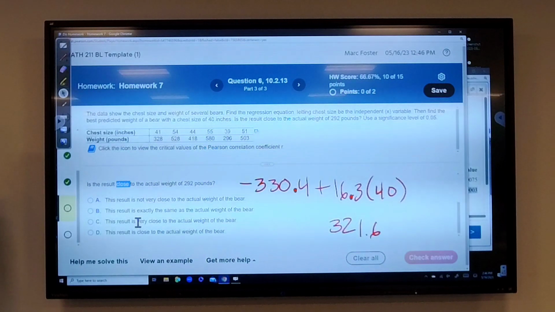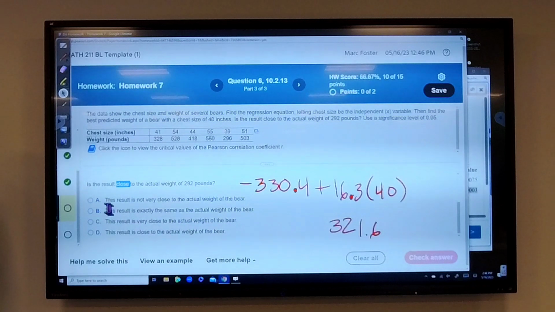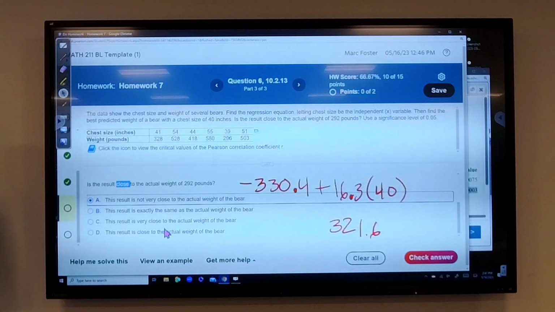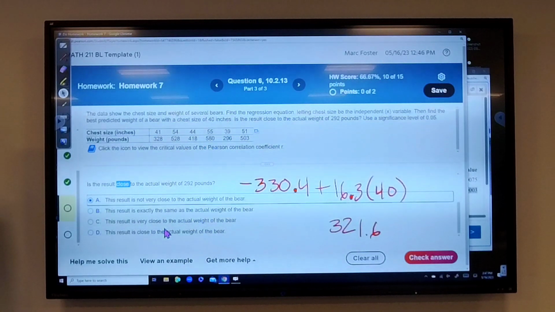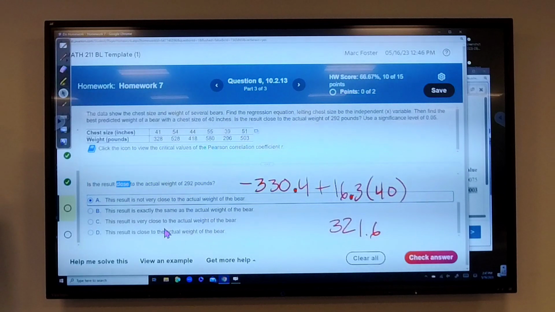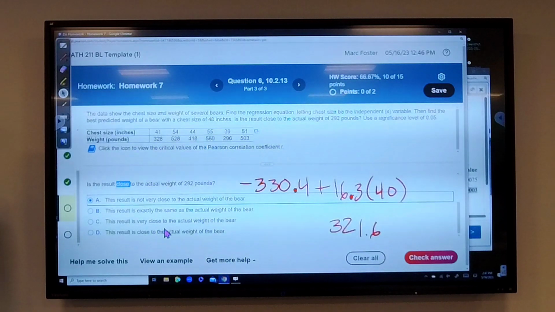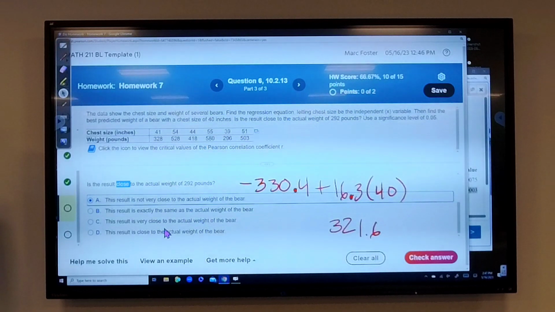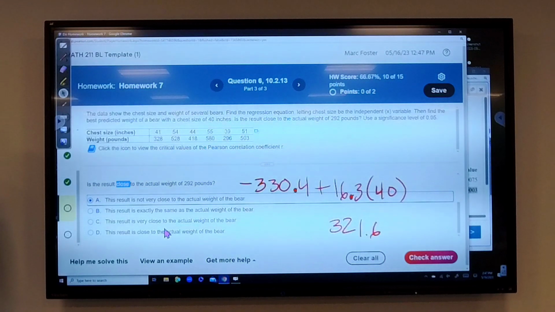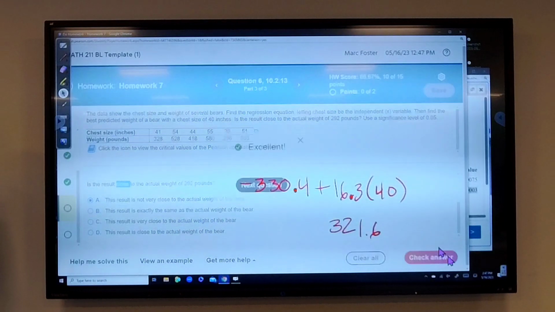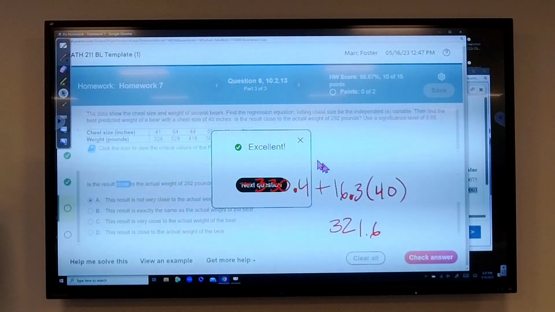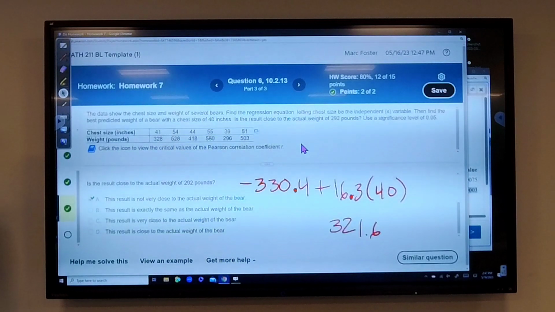I don't know. Do they mean 30 pounds is close? I believe that they're saying 30 pounds is still kind of far away. And I don't know what the cutoff is for close and very close, not very close. They haven't told me, so it's more or less an educated guess.